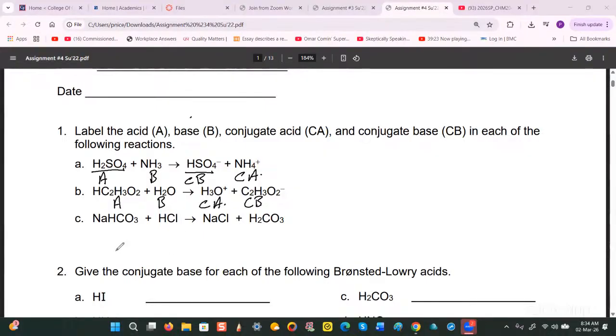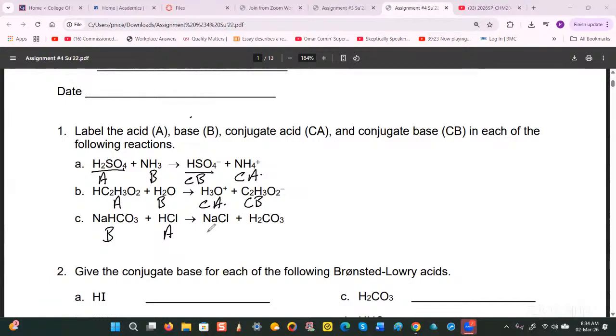All right? Okay, now the next one is a bit tricky, slightly, but the same principle applies. All right, so I want you to look at it and tell me what's the acid in C. HCl. Mm-hmm. Which means that this would be the base, right? So what would be the conjugate base?